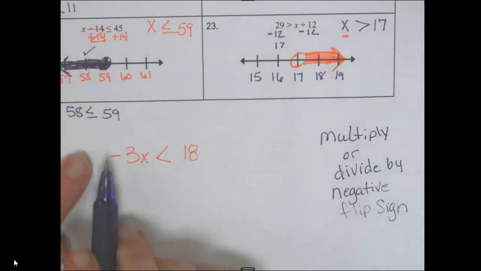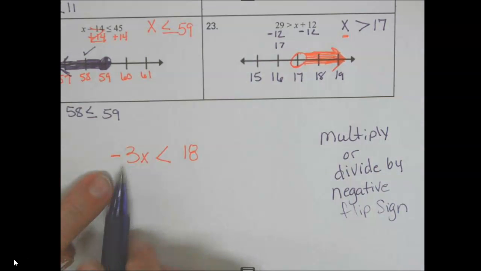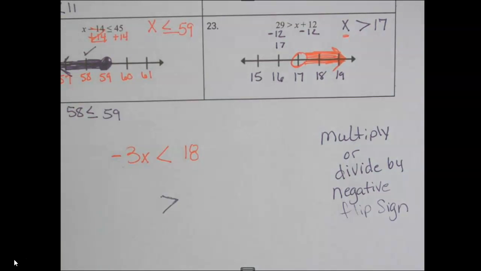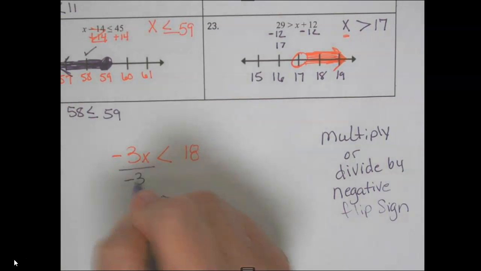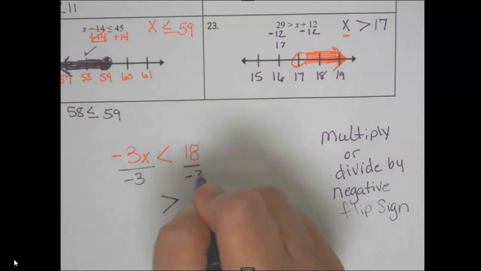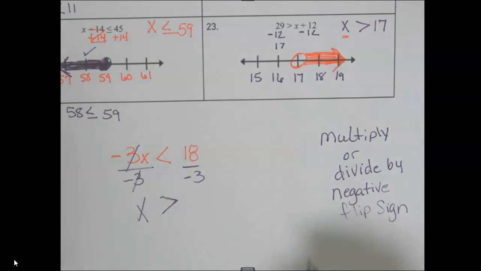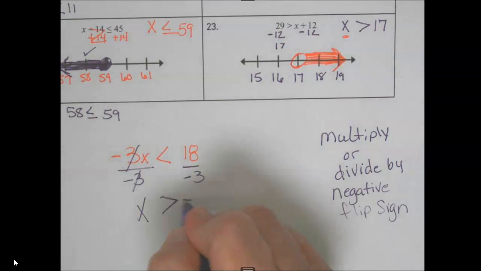So here, I am going to divide by a negative number because this is multiplying. I'm going to automatically go down here and flip it. Now I'm going to divide by a negative 3 on both sides. X, 18 divided by negative 3 is negative 6.